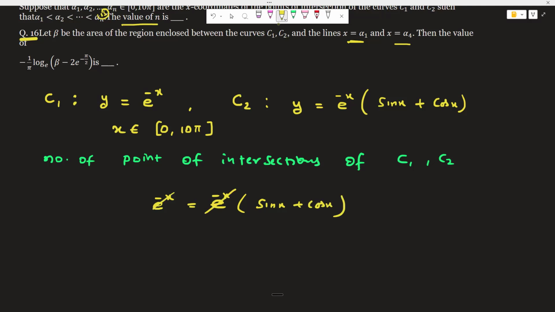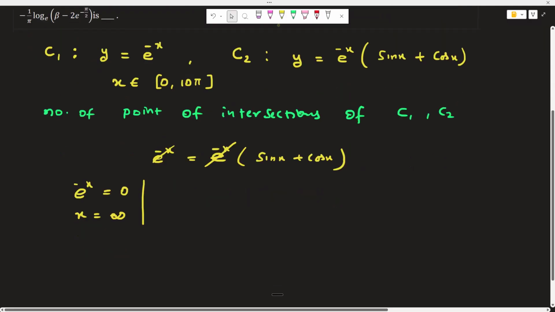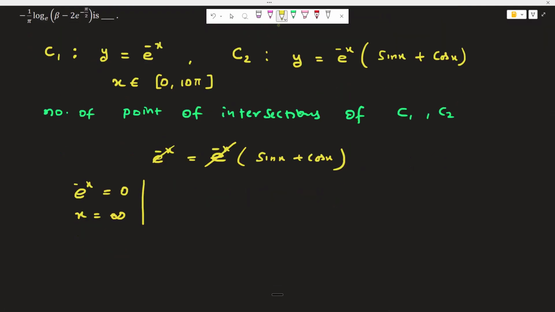E power minus x got cancelled. So a solution exists where e power minus x is equal to 0, and here x value must be infinity. It should not be treated as a solution because it is not in the range 0 to 10 pi.